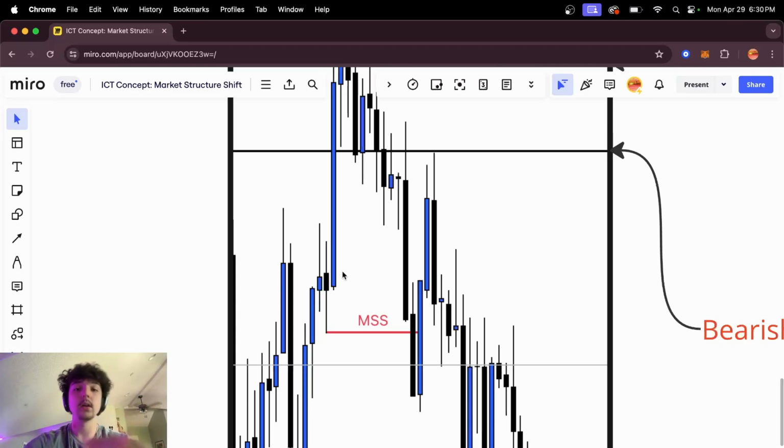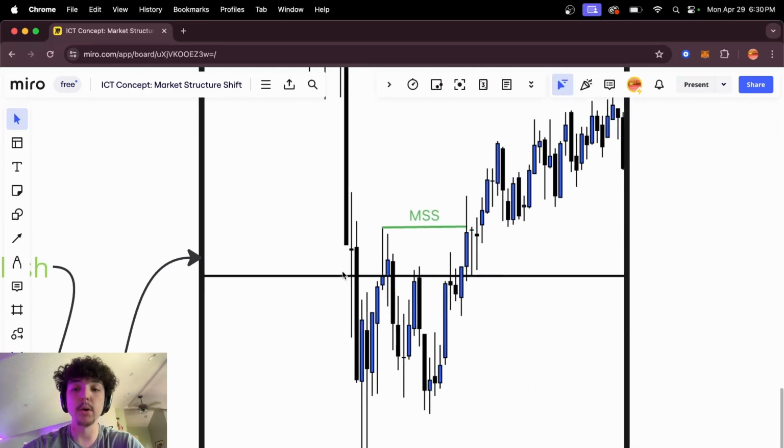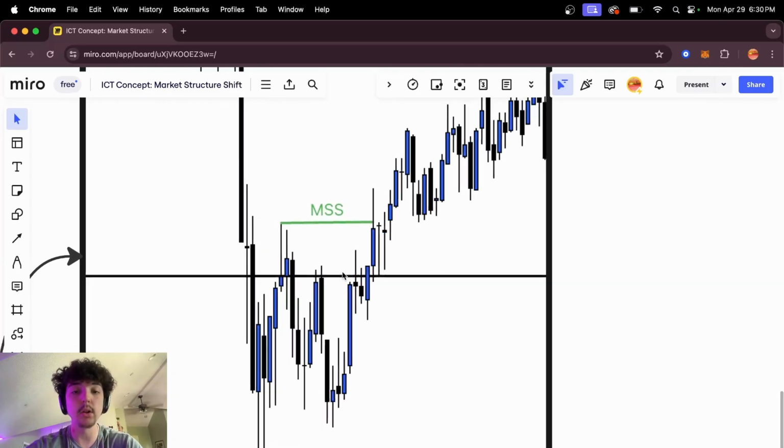Pretty simple. Okay, let's go over and look at a bullish example. So here is a bullish example of a market structure shift, right? After a sweep of the sell side liquidity, maybe a retest like right here of the second time, you start to see a market structure shift. These are just things that you can indicate, or I think there might be an indicator on TradingView itself that has ICT concepts.